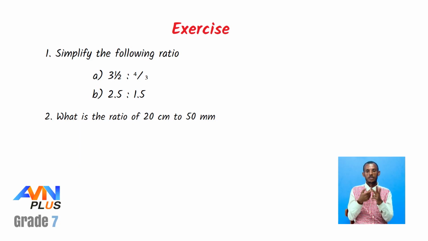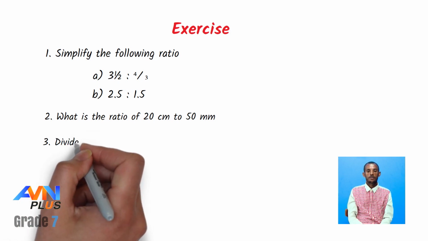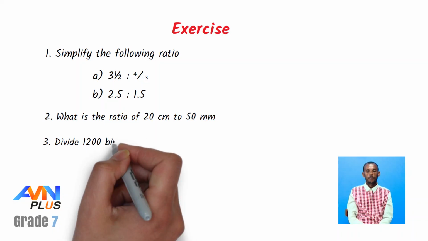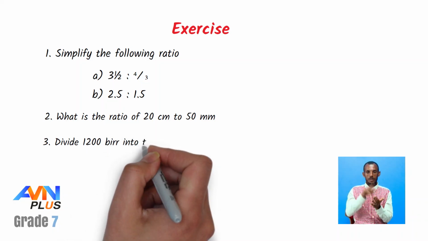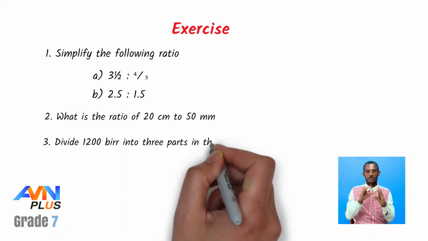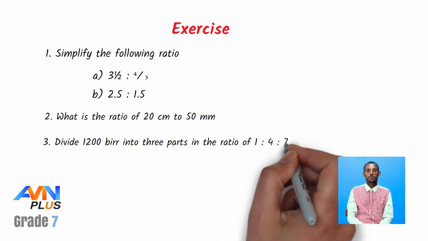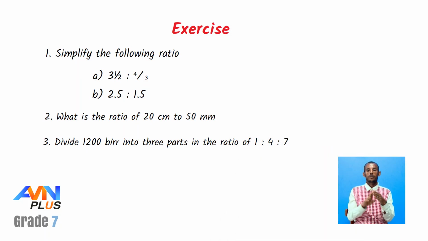Third, divide 1,200 birr into 3 parts in the ratio of 1 to 4 to 7. So this is all about today's lesson.